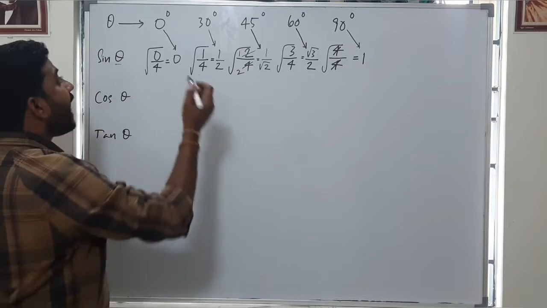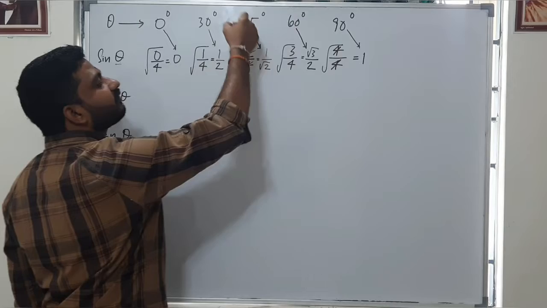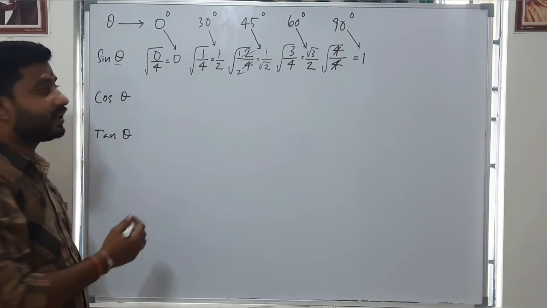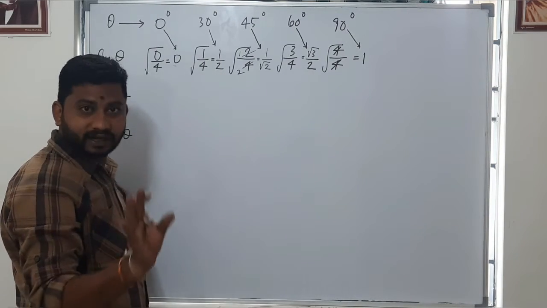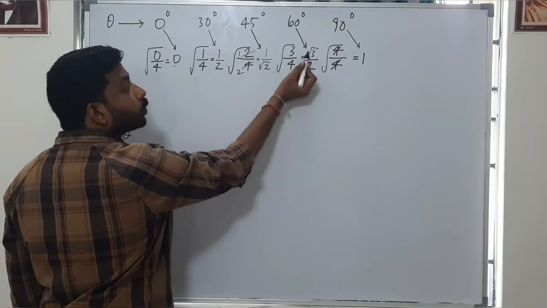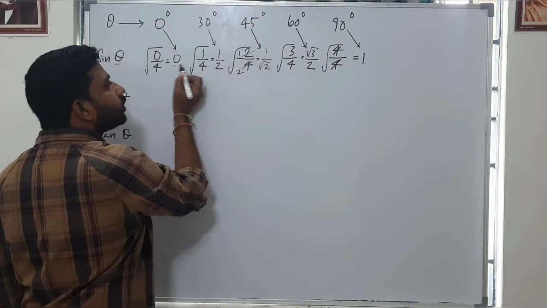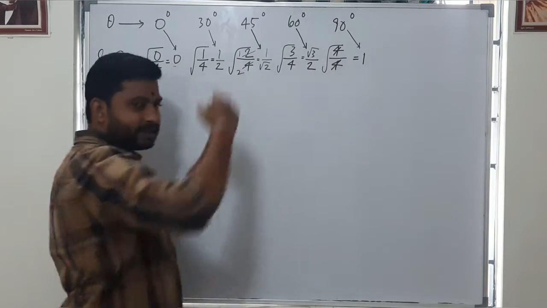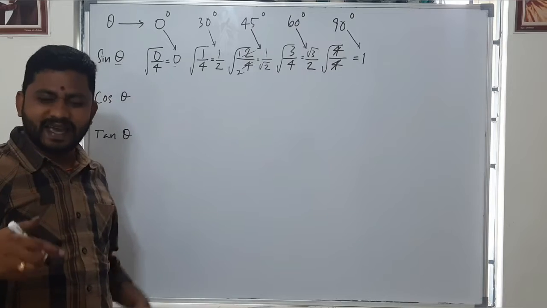You can see here as the theta values are increasing 0, 30, 45, 60, 90, sine values also increase. 0, 1 by 2, 1 by 2 means 0.5. Clear? So, 1 by root 2, root 3 by 2, 1. Sine values are increasing. Whereas cos is a decreasing function.